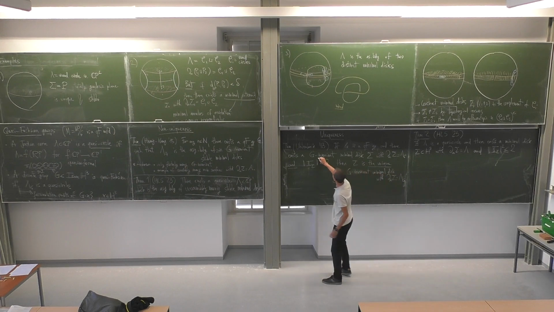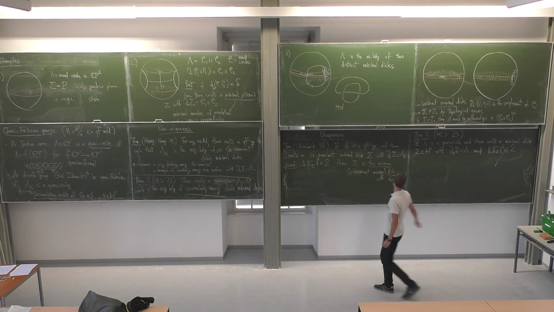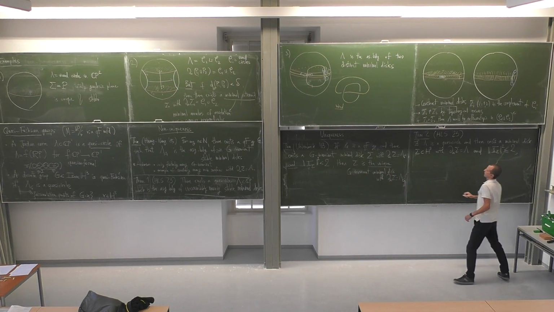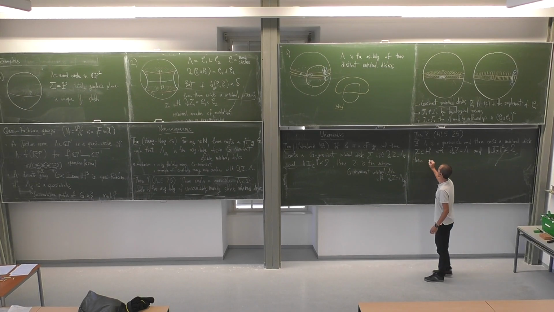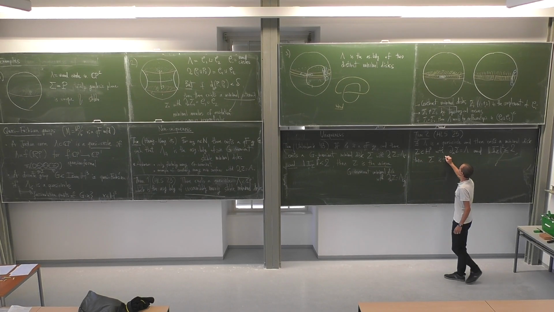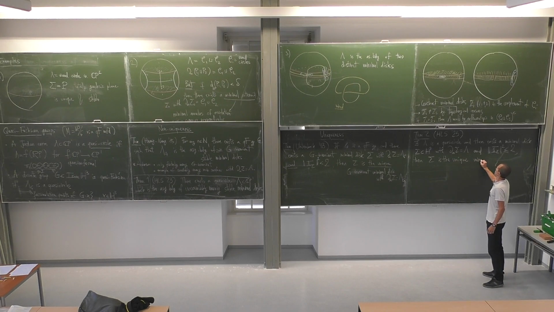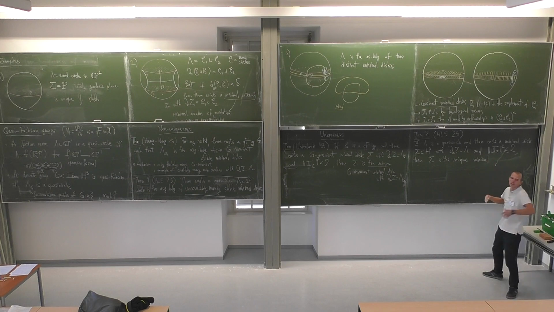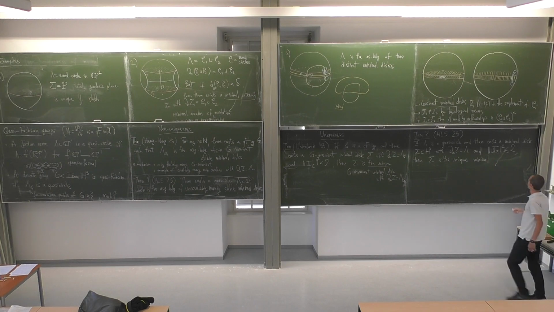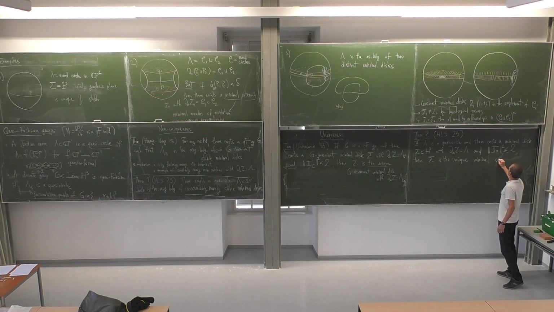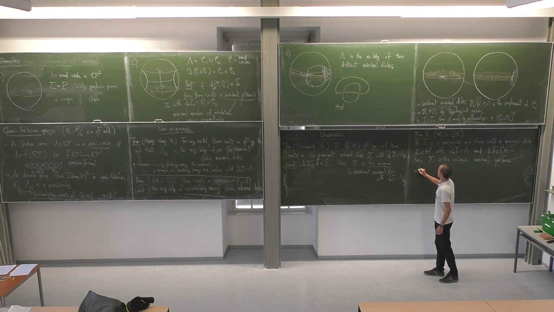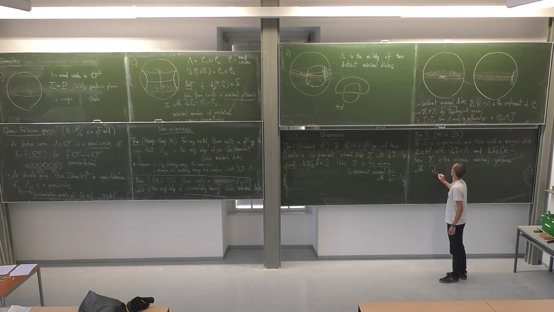Here, this was the squared norm of the second fundamental form, sorry. Then sigma is the unique minimal surface, not necessarily a disk actually, it's unique among also surfaces that might have topology, with asymptotic boundary equal to lambda.